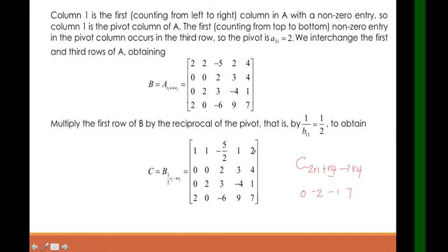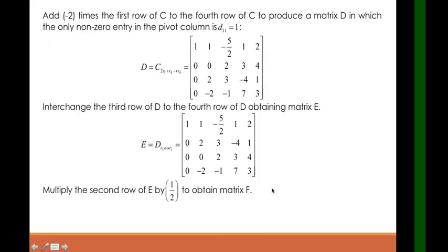And negative 2 times 2 is negative 4, plus 7 is 3. So this is now the value of row 4, the new row 4 of D: 0, negative 2, negative 1, 7, and 3. This is the result of this operation. The multiplier is negative 2, though it isn't written here.